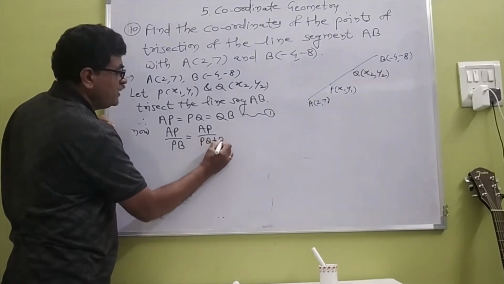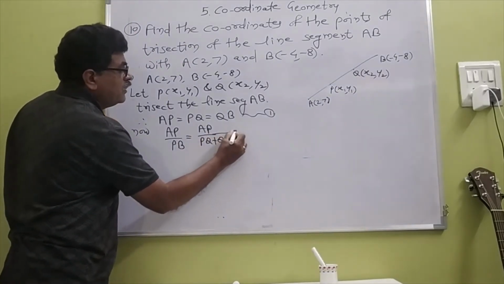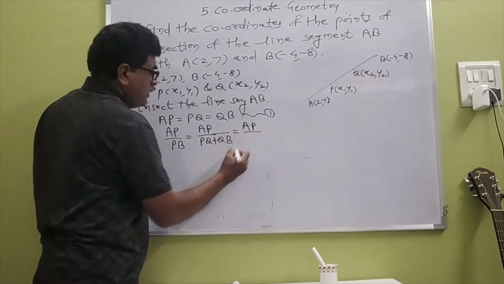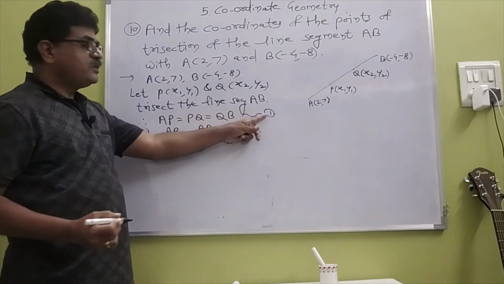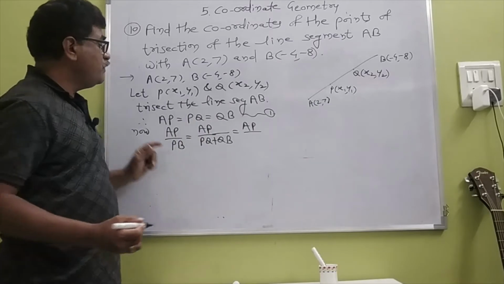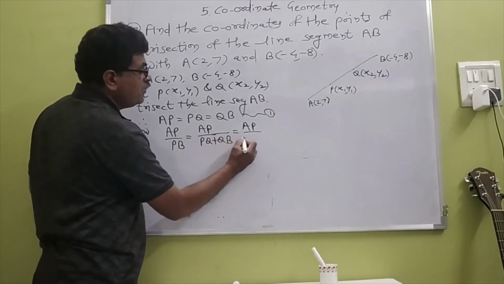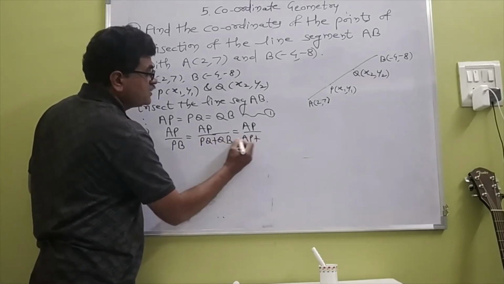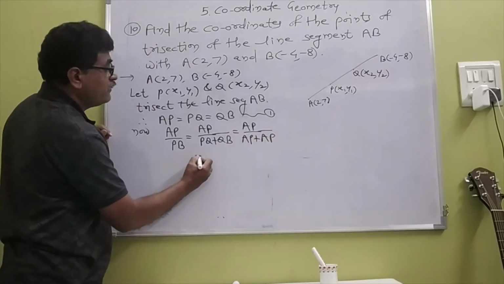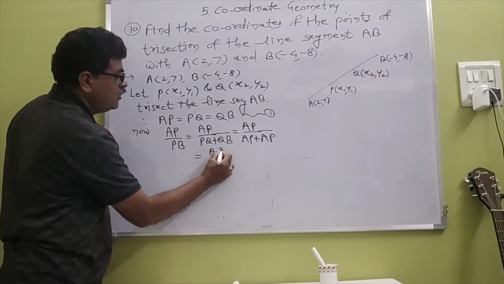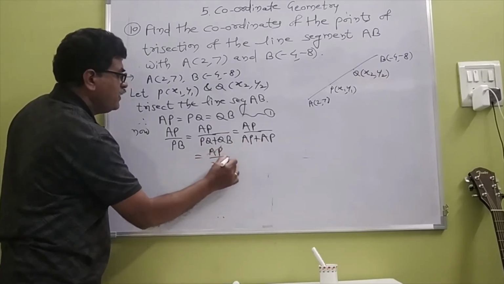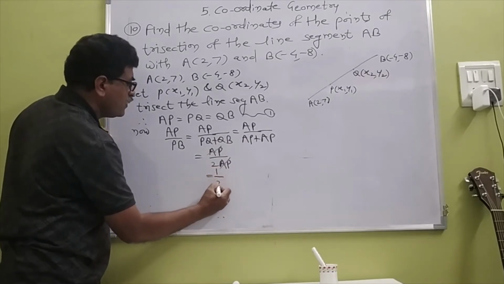By using 1, AP is equal to PQ is equal to QB, therefore put the value of PQ as AP plus QB is also AP. Therefore it is AP upon twice AP. Here AP gets cancelled, it is 1 upon 2.